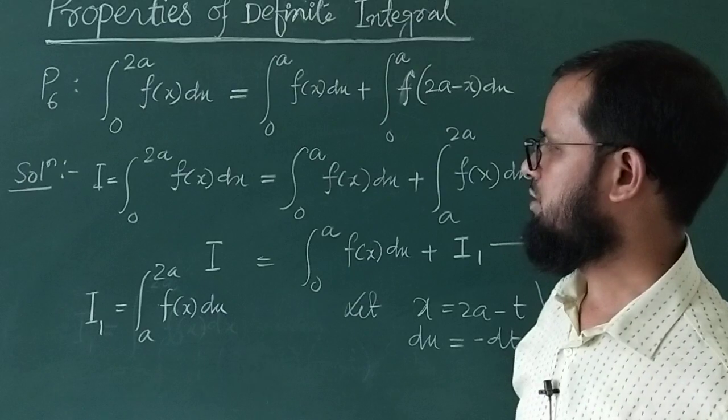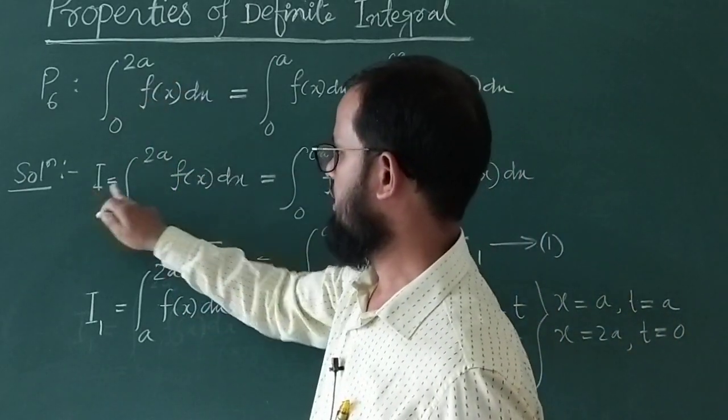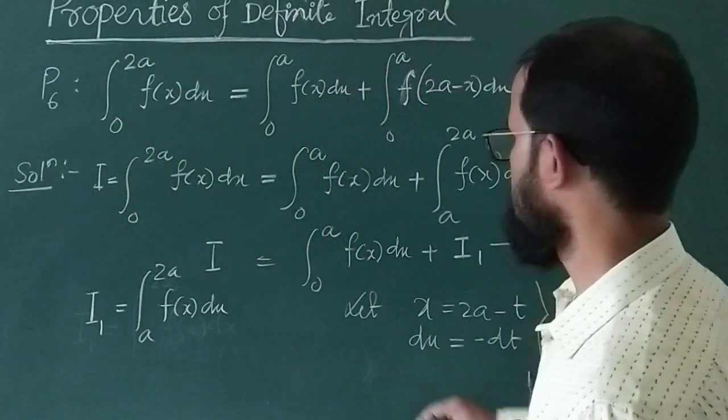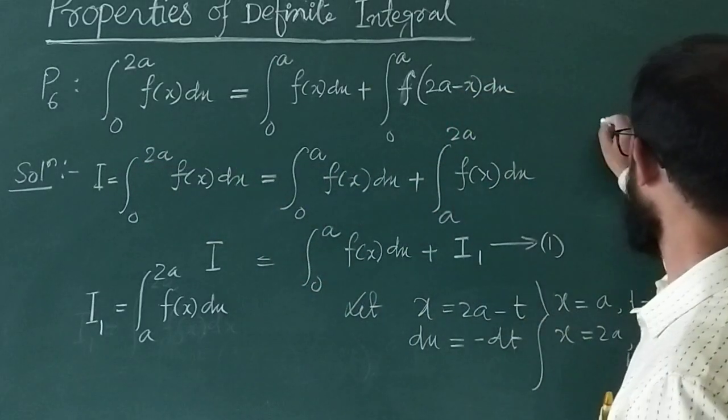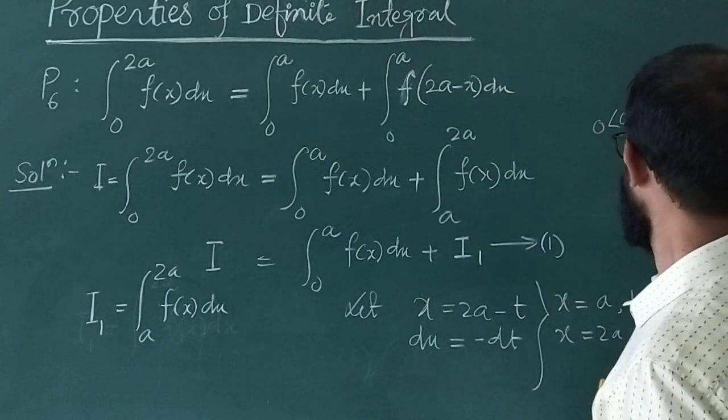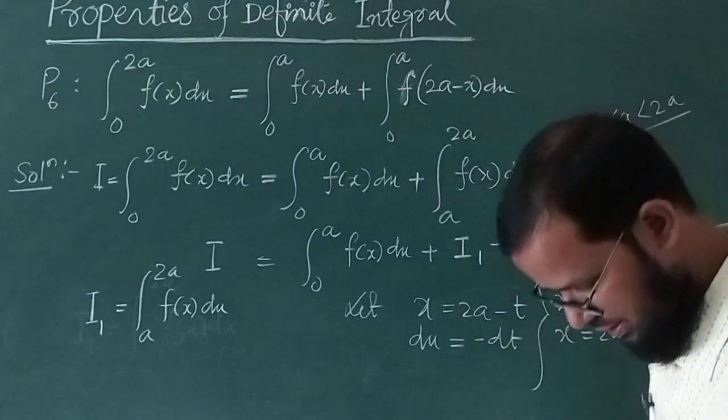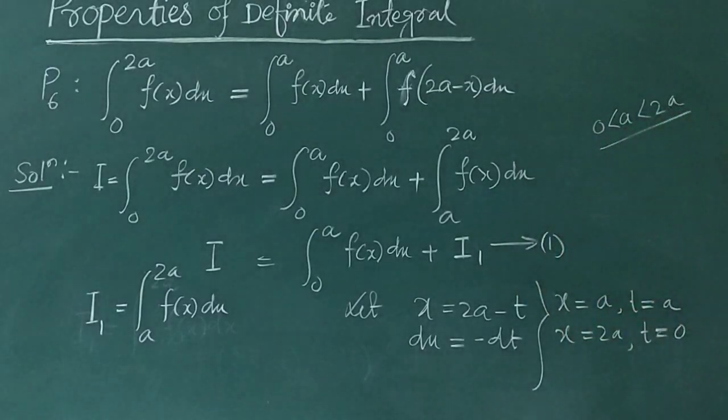Okay. So, let us take this particular integral as I. We know that between 0 and 2a, we can write 0 less than a less than 2a. We can write that easily. Understood?